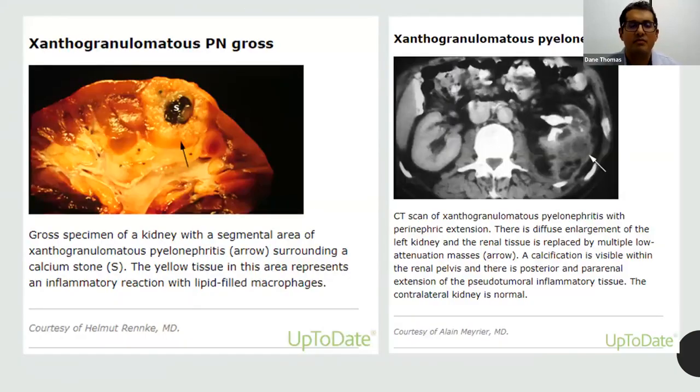This next slide shows you a gross examination of a kidney with xanthogranulomatous pyelonephritis, and on the right is a presentation of pyelonephritis seen on CT.